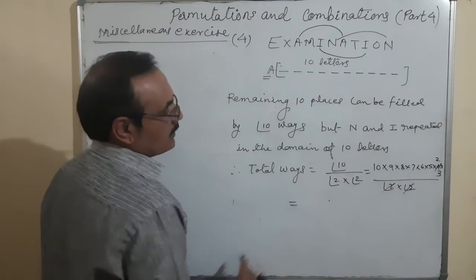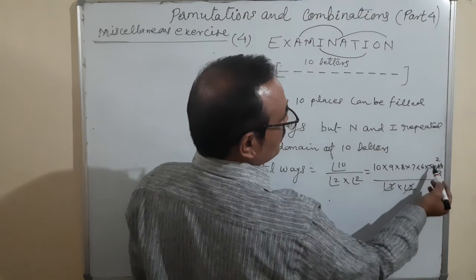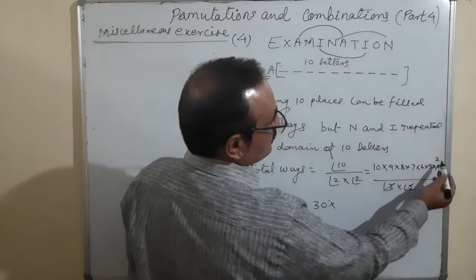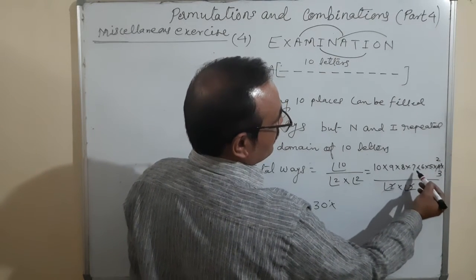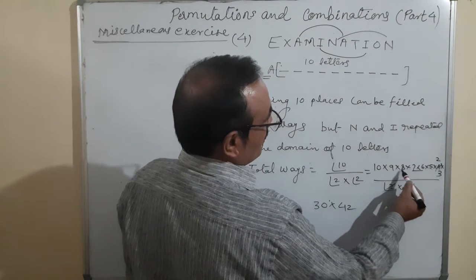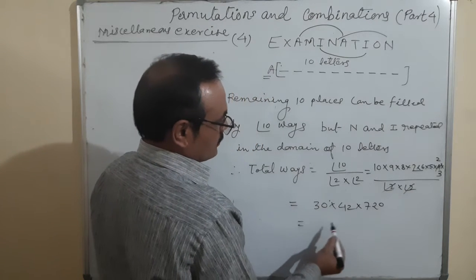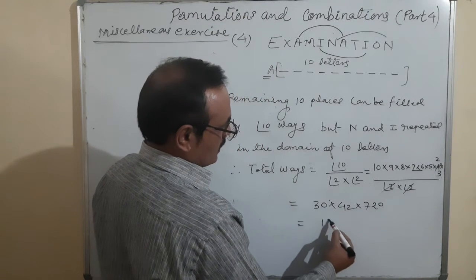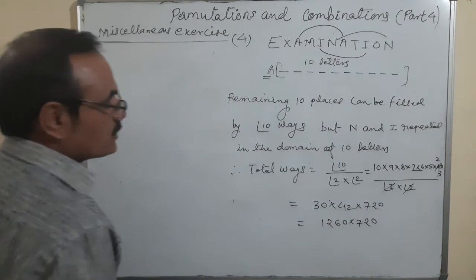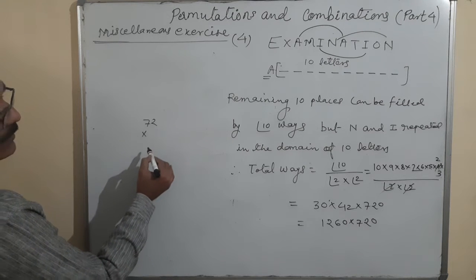So the result is 2 3s are 6, 6 5s are 30. 7 6s are 42. 9 8s are 72, then 720. So 42 3s are 1260 multiplied by 720. 1260, 720. 72 multiplied by 126.